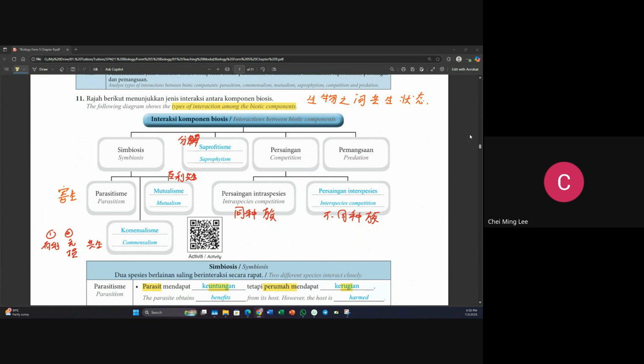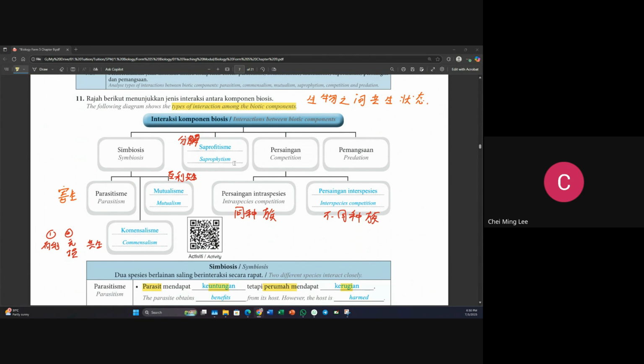Normally the one that lives on or in the host is called the symbiont. So we have parasitism and mutualism. Mutualism is a win-win situation, and commensalism is normally one wins, one gains nothing.